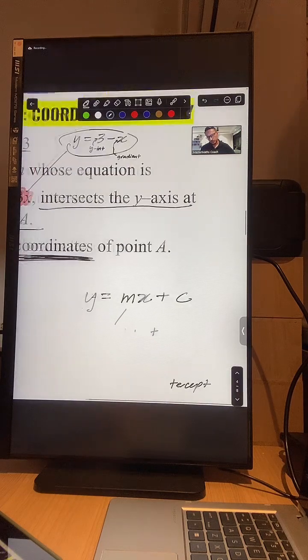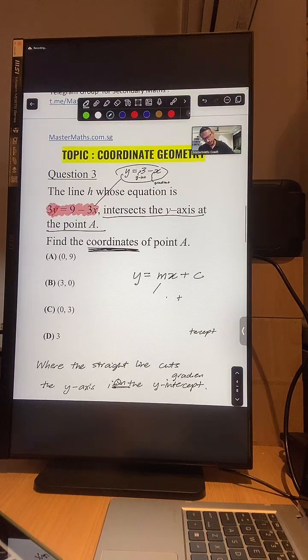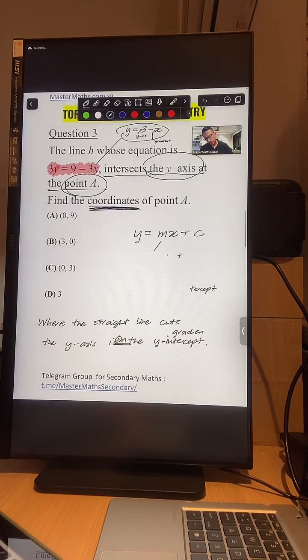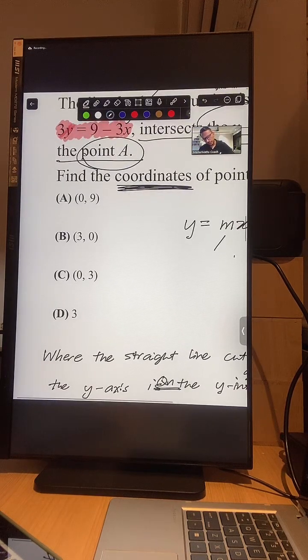So we know that point A is on the y-axis. We know that point A is on the y-axis. So therefore, this is out lah. Why do I say this is out? Because look at that. The x-coordinate here is 3.